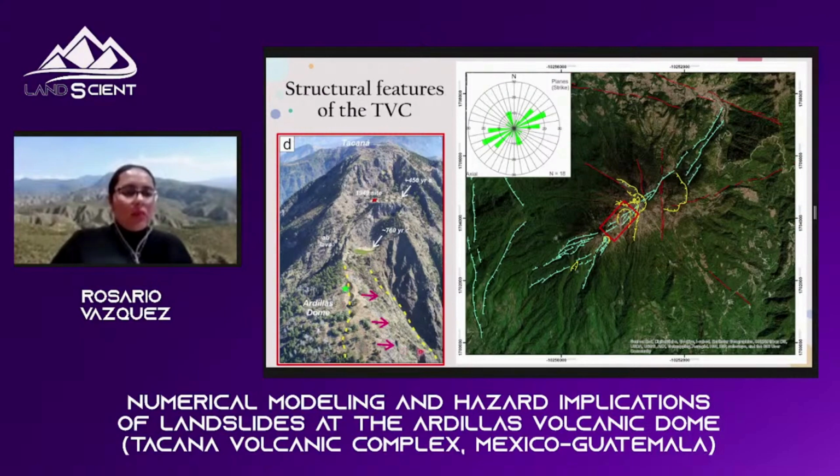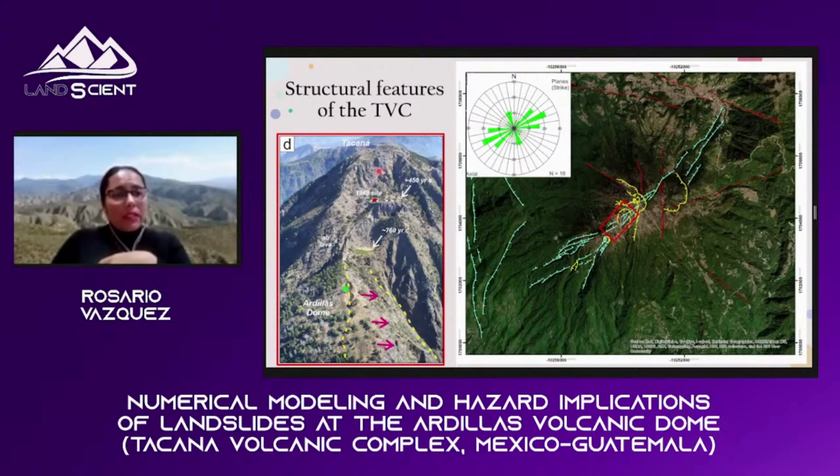And these are some features that are marking this zone that is breaking up. I mean, it's half fault and half fractures that are dissecting the Ardillas Dome. And this is the main direction, which is towards the southeast. And it's opening the surface of the main part of the dome, and it's going towards this direction.